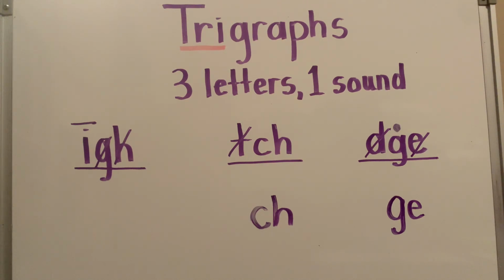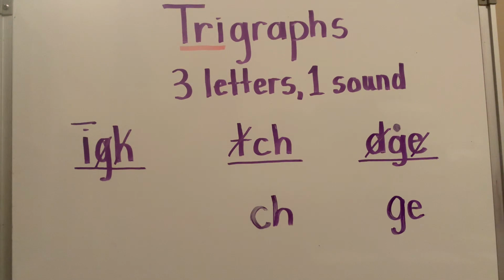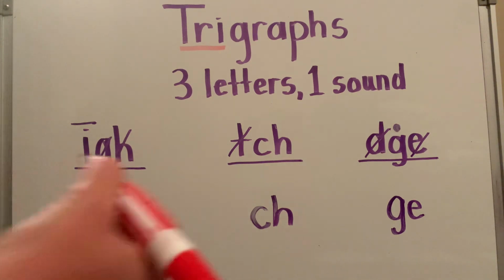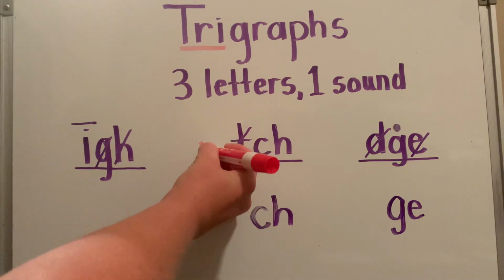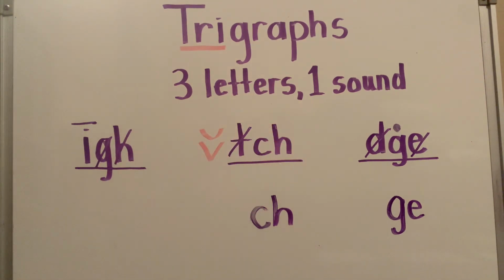So, who remembers, when do we use that TCH trigraph on the end of a word to make the ch sound? Awesome job. After a short vowel. So I'm going to put a V here for vowel and put a macron over it to show short vowel.